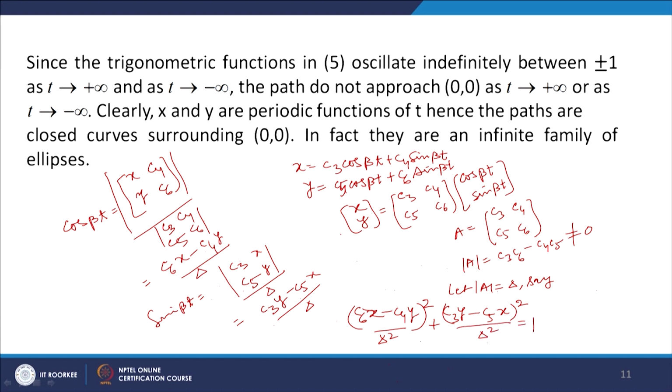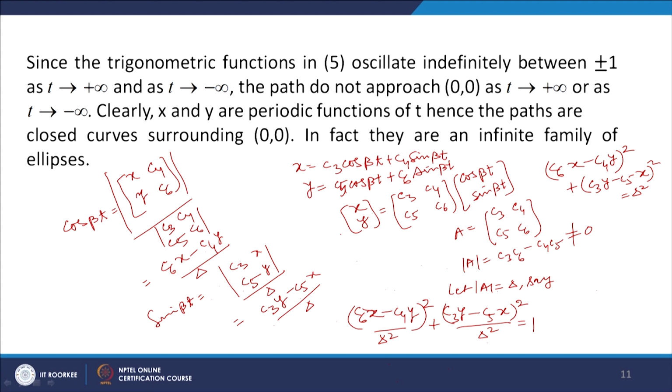Or we can write (C6x minus C4y) whole square plus (C3y minus C5x) whole square equal to delta square. When you square these expressions, you will get a second degree equation in x and y.